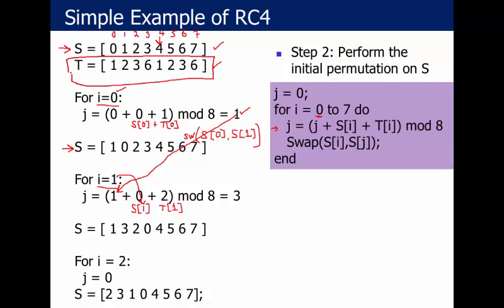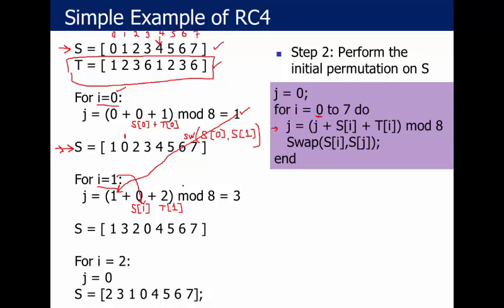S keeps changing. So T of 1, which is this, right? So number 2 comes here. S of 1. Now we need to look at the new S. S of 1 is this. So there is a 0. So we add them and divide by 8, and the remainder is 3.